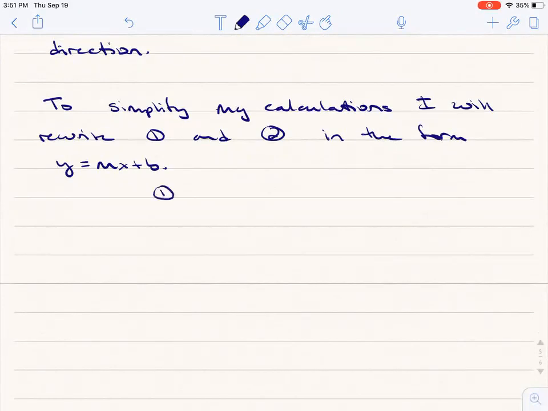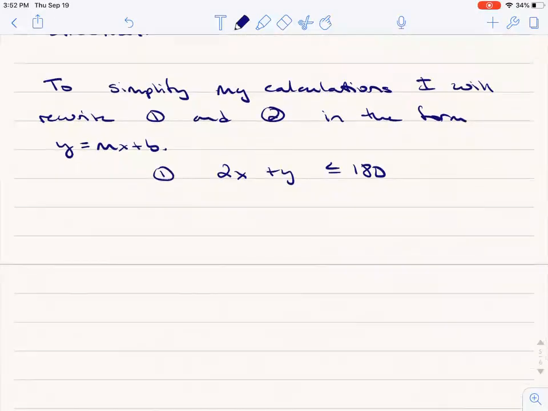So for equation 1, for example, we've got 2x plus y is less than or equal to 180. We want to get y on its own, because we want this as y is less than or equal to some number. So we've got y is less than or equal to 180 minus 2x. Like I said, we can just treat the inequality as an equal sign and do the same math.